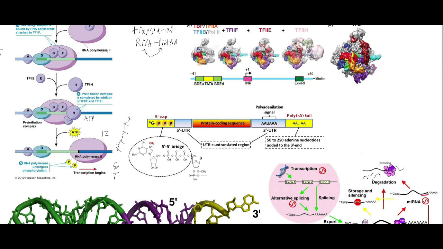I don't remember if it has threonines. It has serines though, and so that can be phosphorylated at these different sites. And so we get multiple phosphorylations on the C-terminal domain, and that is what signals for transcription to begin.